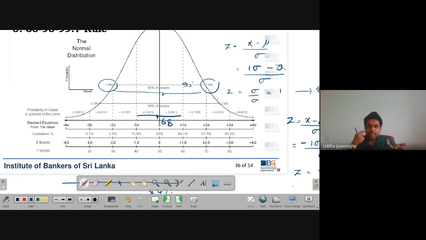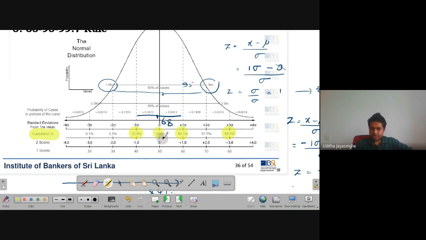But you can always apply theories like integration and calculate the exact individual probabilities. Cumulatively, if you look at this cumulative line, up until here you get 50%. For the third standard deviation, 99.9%. For the first standard deviation, this 15.9%, I just got that value. For this one, 84%. Likewise, you can get these individual numbers.